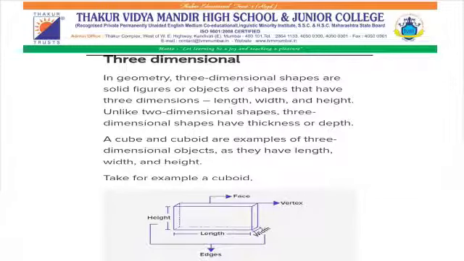But a three-dimensional object has all the things. A cube and cuboid are examples of three-dimensional objects. Here I have shown you an example of a cuboid. Can you see? There is height, length, and width. All the three dimensions are there, right? They are visible to us. So it is called a three-dimensional object.